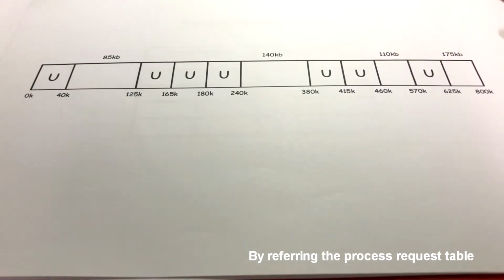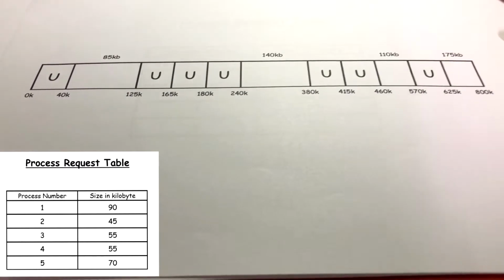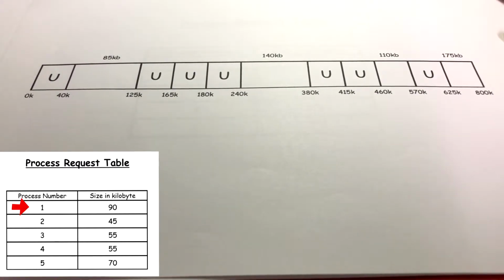By referring to the process request table, we allocate process 1.